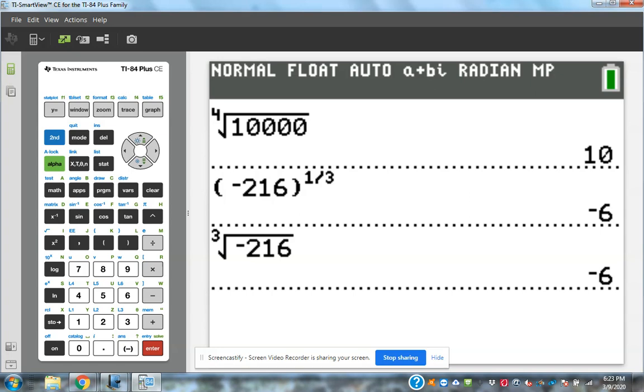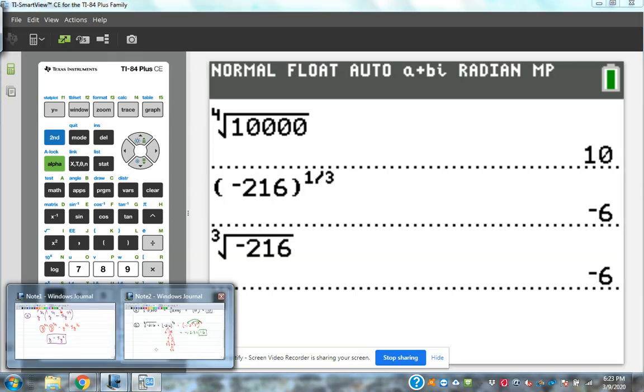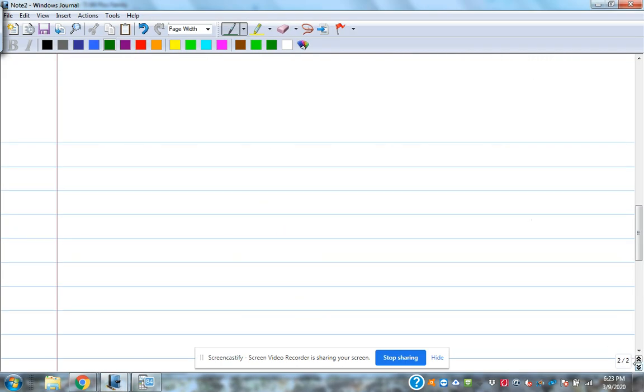Okay, all right, let's look at a fraction thrown in there underneath a big indexed root. So let's just do the cubed root of 125 over 512.